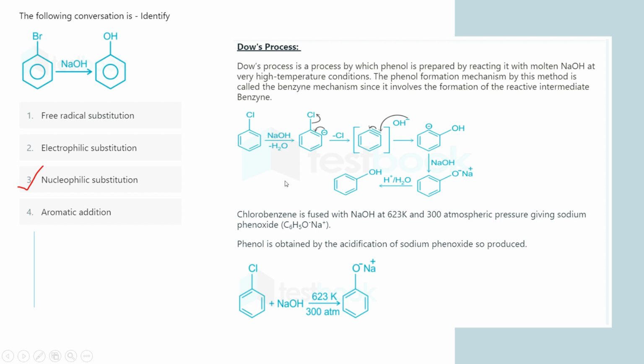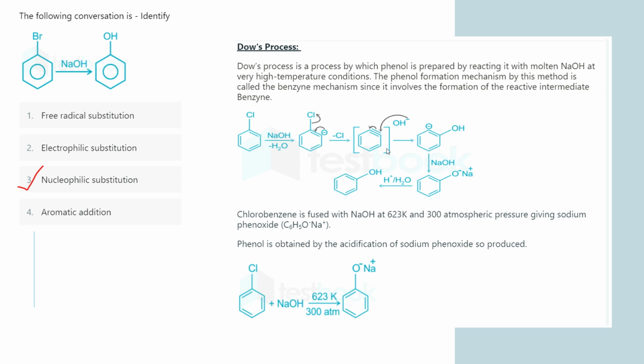Okay, what happens? The halobenzene first undergoes a reaction with sodium hydroxide, which liberates this kind of anion, and this anion is highly unstable and it breaks down into this reactive intermediate which is known as benzyne.